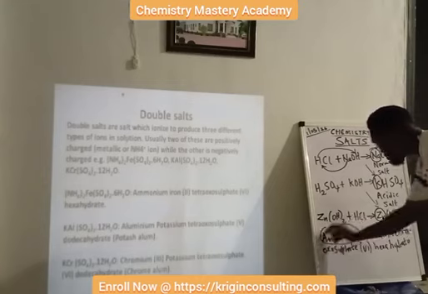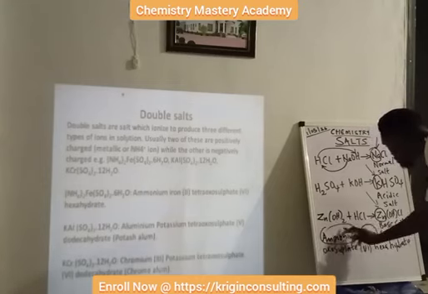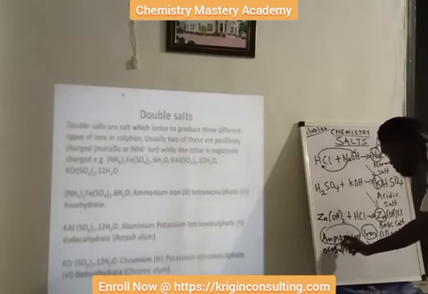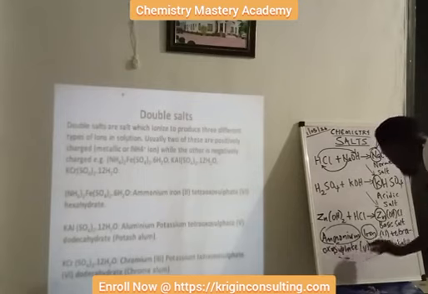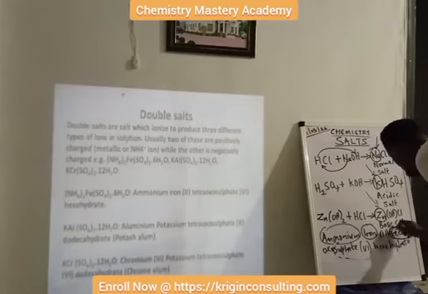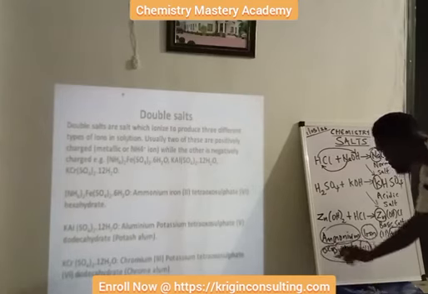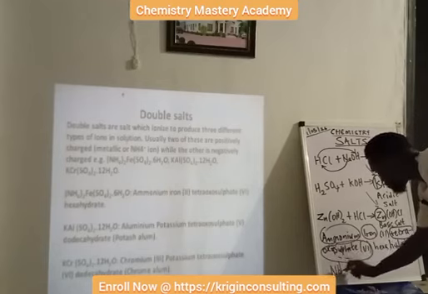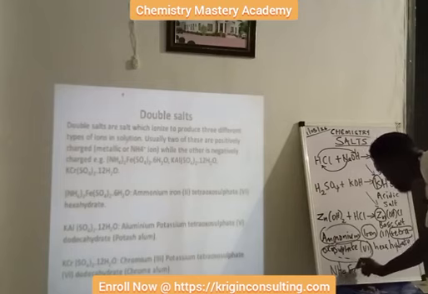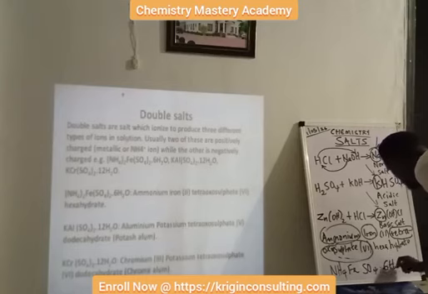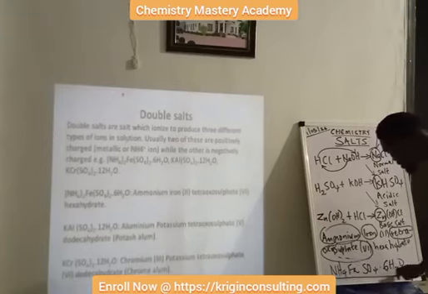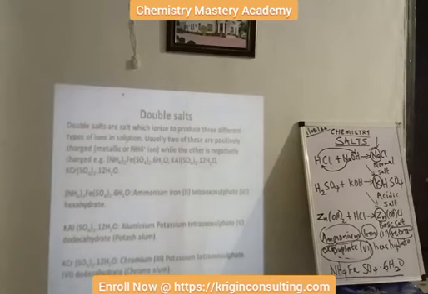We have ammonium ion, we have iron ion, both of them are positive, and we have what? Sulfate, that's SO4. This one is negative. So we have this as ammonium NH4, Fe ion, and we have SO4, then 6H2O, hexahydrate, water. This is a double salt. Is that clear?